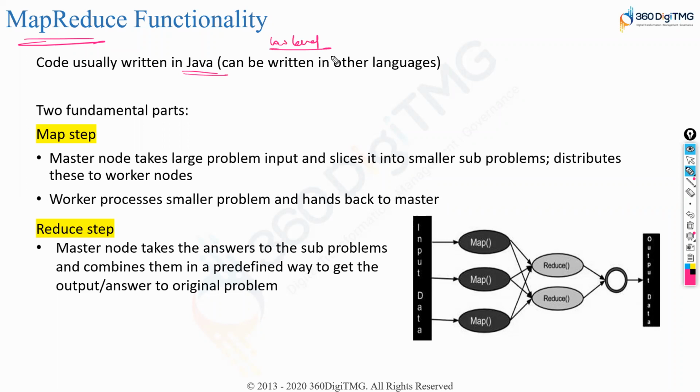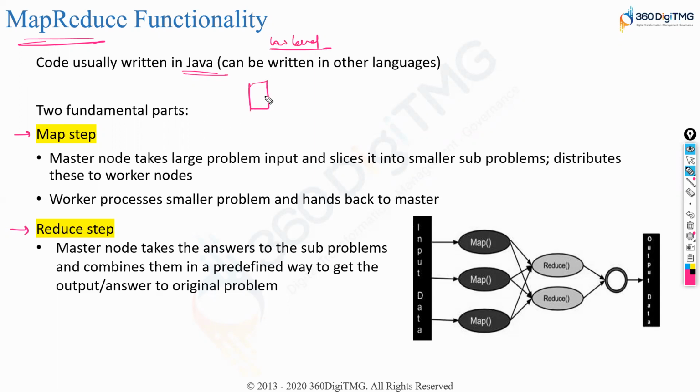We can also use Python now. C, Pascal can be used to write MapReduce codes. Now these MapReduce codes have to be developed in two parts: map and reduce. Map steps or map jobs and reduce jobs.